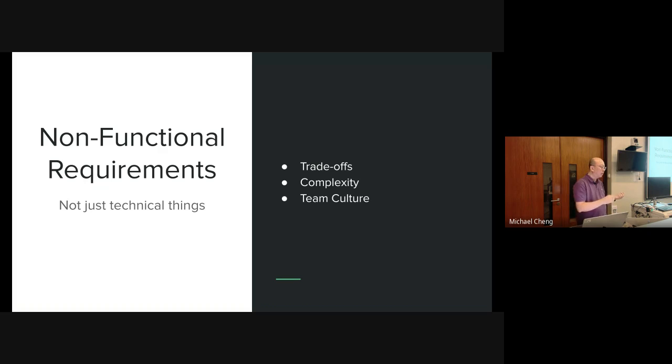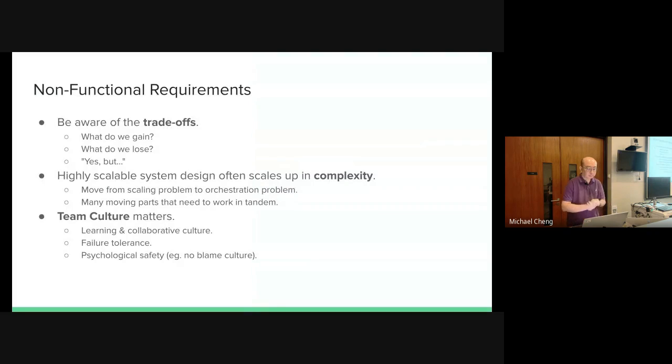When we think about different solutions, we also want to think about the trade-offs. What are we gaining? What are we losing in taking certain decisions? There's also the question of complexity, which is, if I add a new component, will it add more complexity to how much I have to control, manage and coordinate in my application? And thirdly is the team culture, whether the team is able to accept some of these new developments.